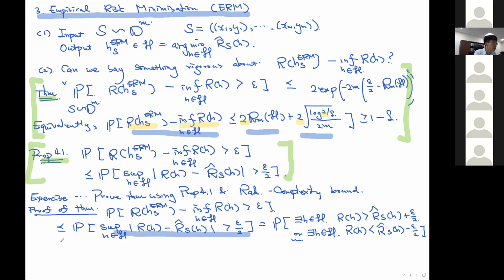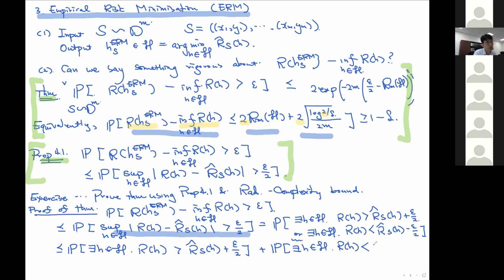So we have the probability that there exists H such that R of H is greater than the sample risk of H plus epsilon over 2, and the probability that there exists H such that R of H is bounded above by the sample risk minus epsilon over 2.